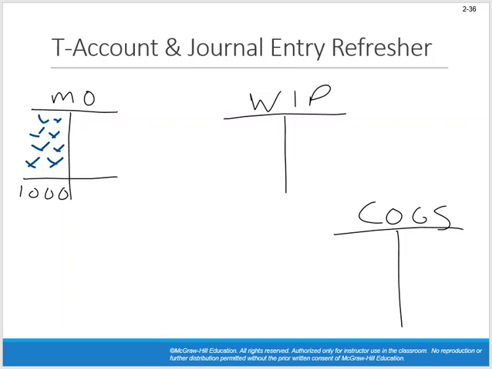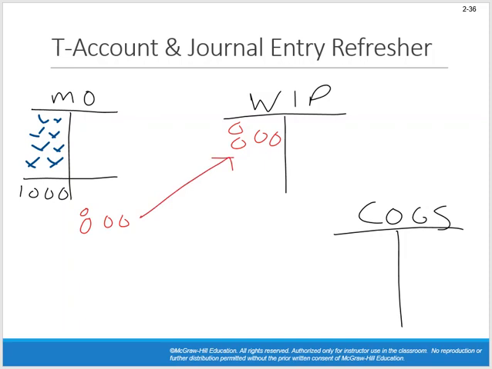I'm trying to keep things simple here, right? So if we're going to apply MO to WIP, that would be a debit to WIP of $800 and a credit to MO. So it's moving from MO over to WIP. So we're debiting WIP, crediting MO.